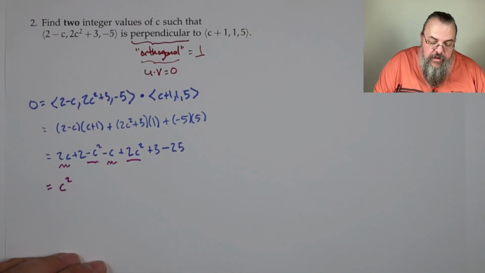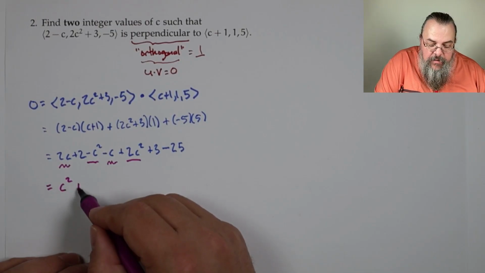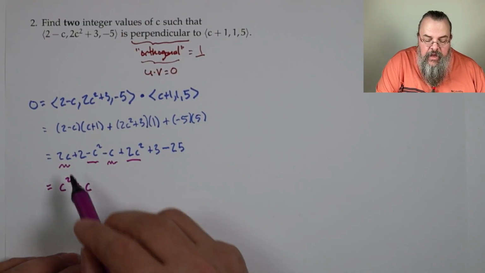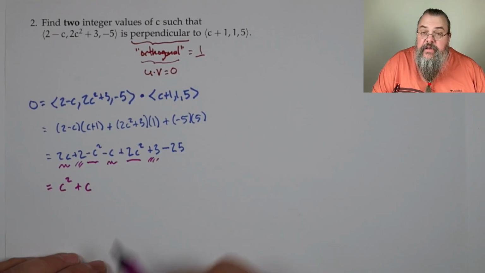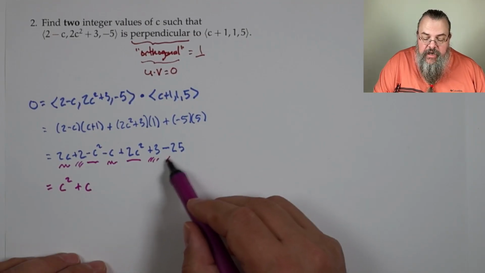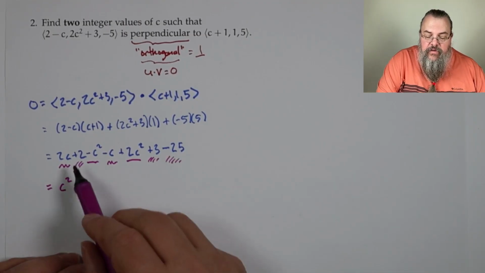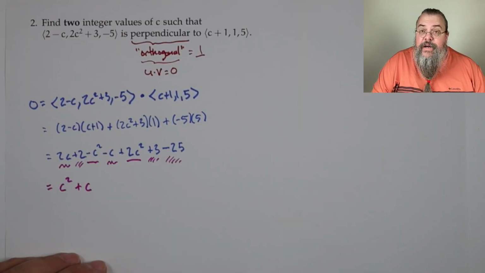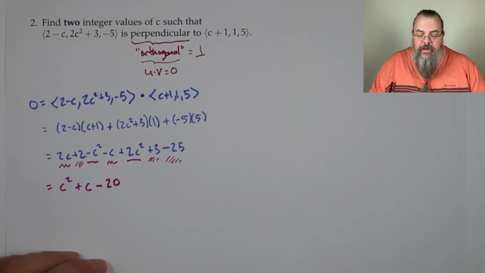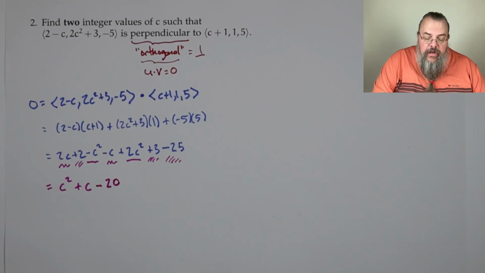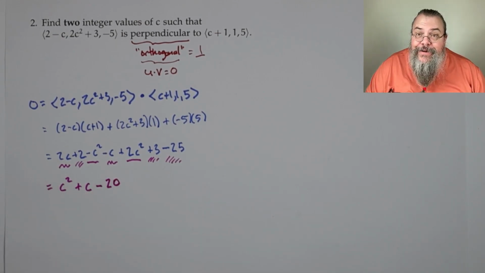And, well, that's it. So that's a plus c. Then finally we have our constants: a plus 2, a plus 3, and a minus 25. So 2 plus 3 is 5, minus 25, minus 20. All right, good. And we see that every term has been accounted for.